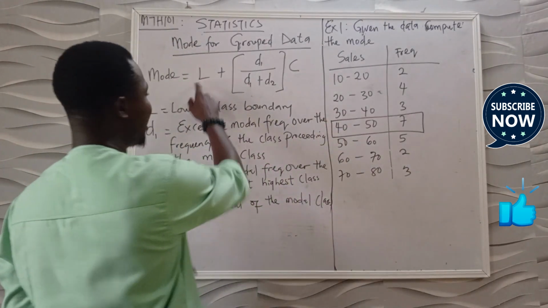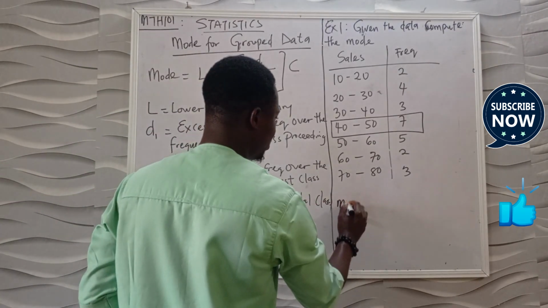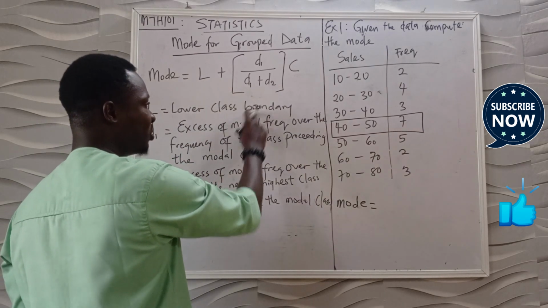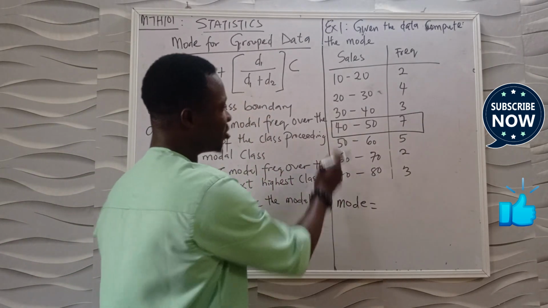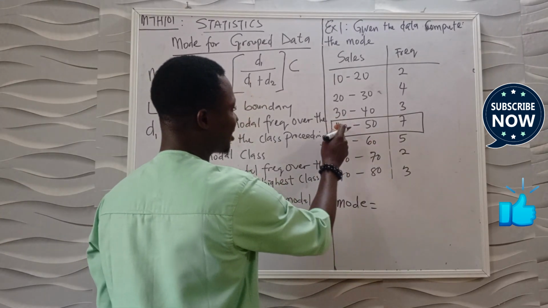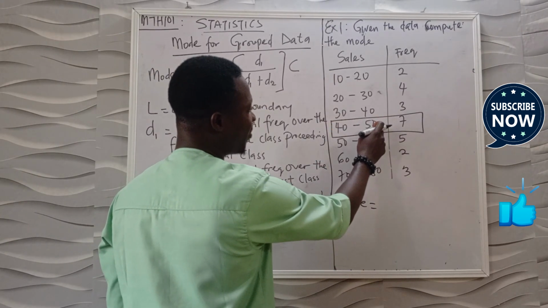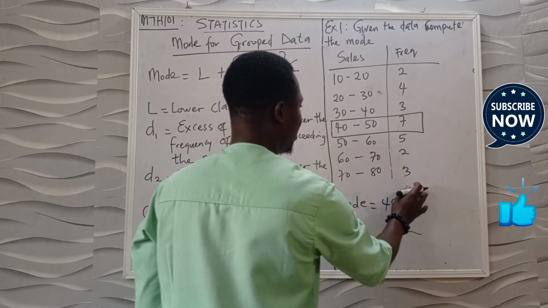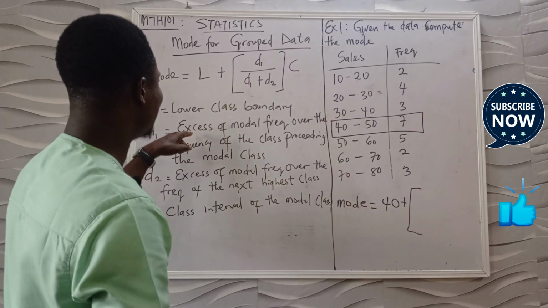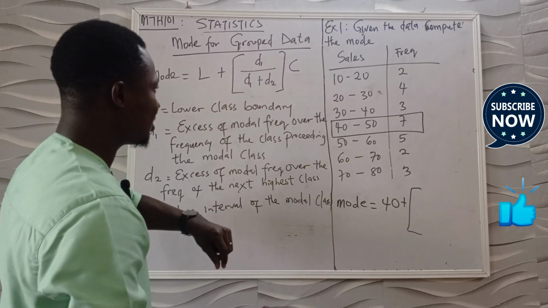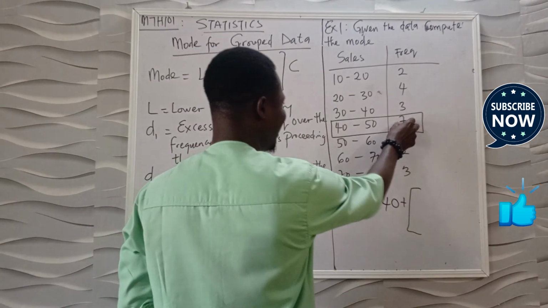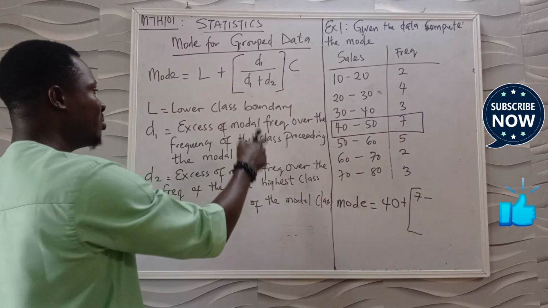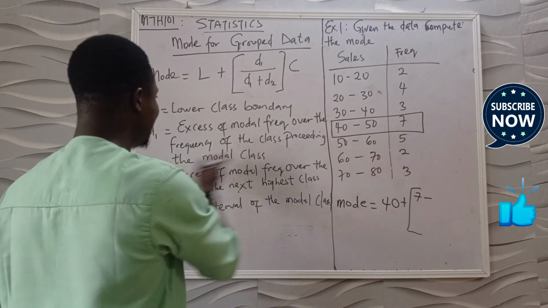Using our formula, mode is equal to L plus. What is L? Lower class boundary. From this, the lower class boundary is 40. This is the lower class boundary, and this is the upper class boundary. So we have 40 plus, what is D1? D1 is the excess of modal frequency, which is this 7, minus the frequency preceding the modal class.